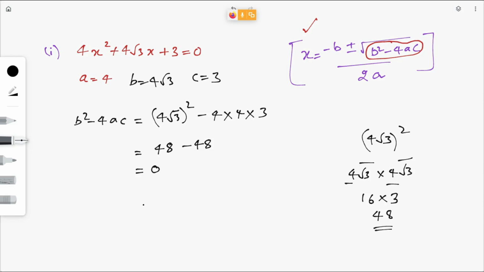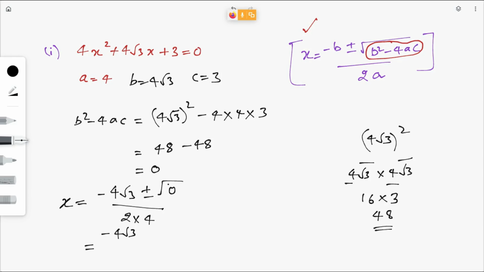So real roots exist. So now take this formula: x is equal to minus b, what is b again? 4 root 3, plus or minus root of 0, divided by 2 into 4. Minus 4 root 3.